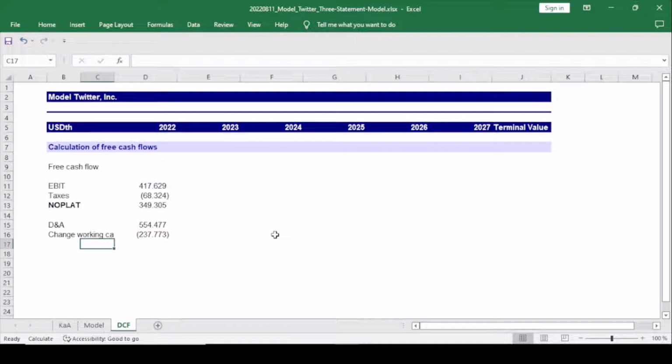Next, we add our investing cash flow, as these represent capital expenditures.